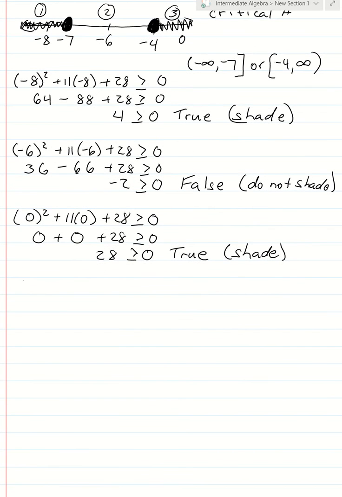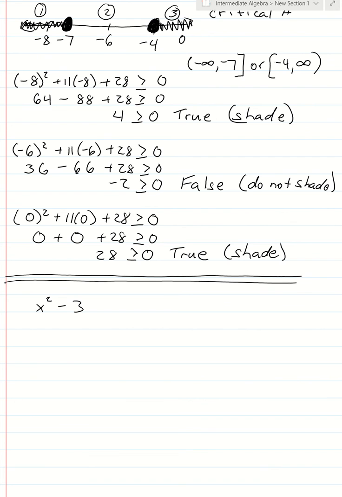Let's take a look at another one. A little bit different, same idea. Let's say x squared minus 3 is going to be greater than 0. Once again, we want to start with step 1 and find the critical numbers.